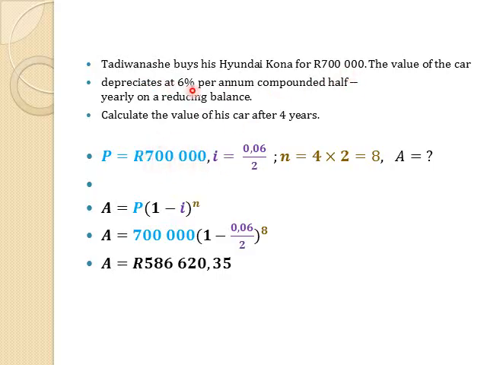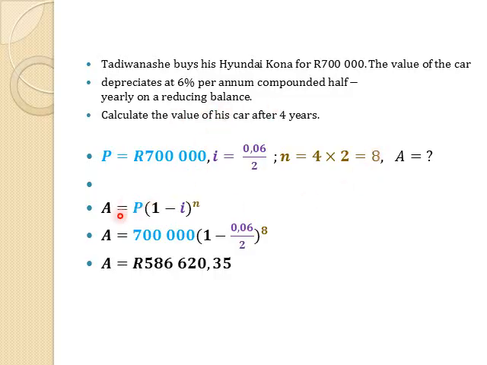Interest 6%, 6 divided by 100 gives me 0.06. Compounded half yearly, a year only has 2 halves that make a whole. So 0.06 divided by 2. Therefore my time period of 4 must be multiplied by 2. I have 8 interest payments or interest deductions, whichever way you want to look at it.